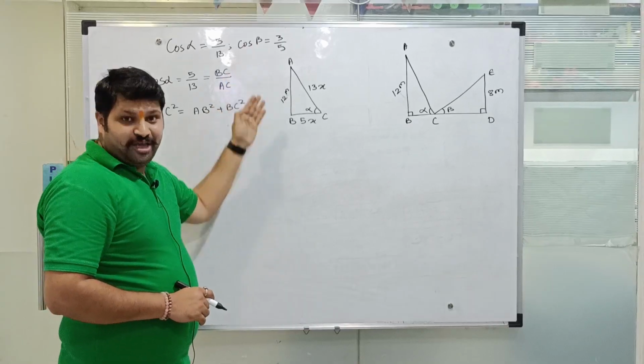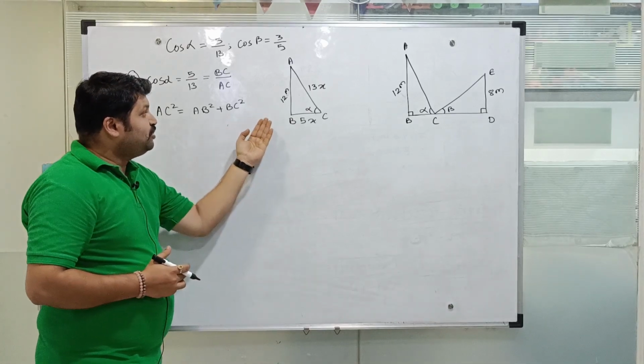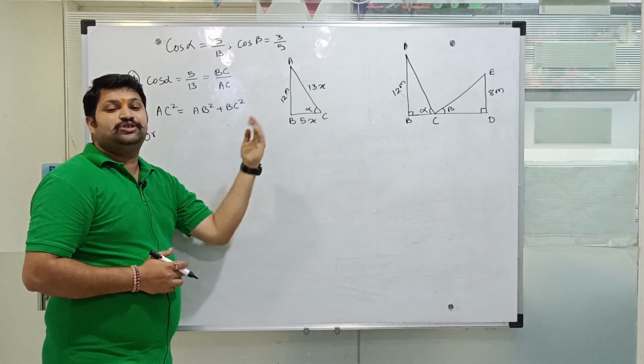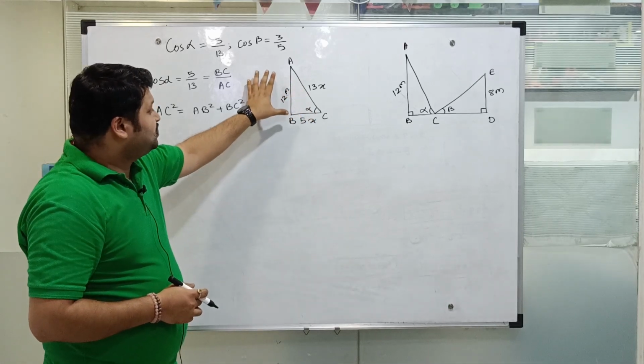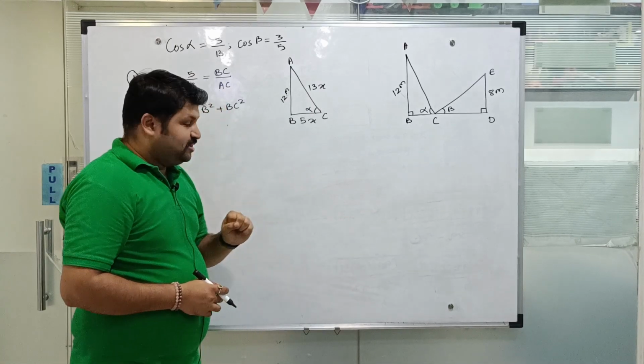Since the value of AB is given, I will try to keep the value of AB on one side and everything else on the other, because AC and BC have a variable x in them.